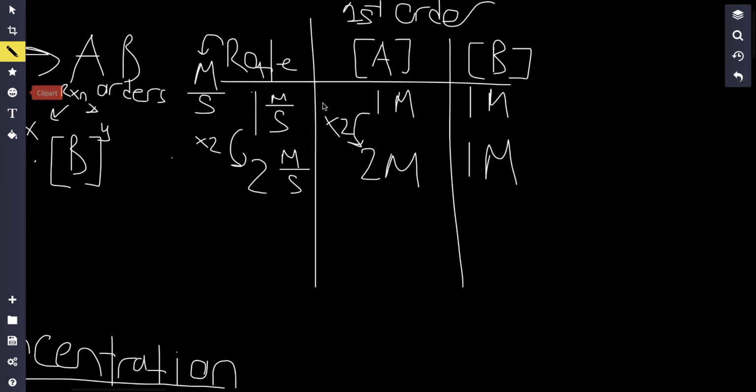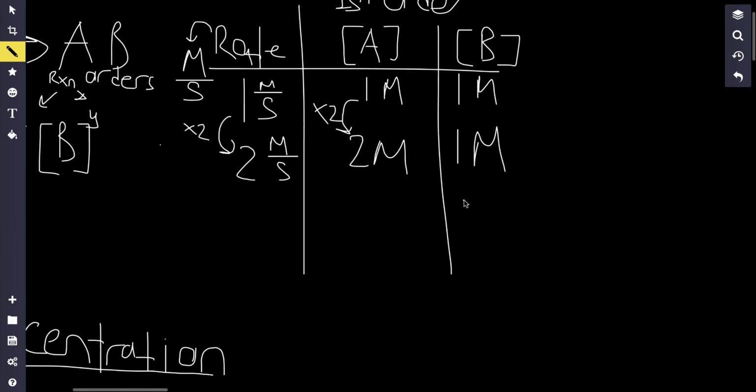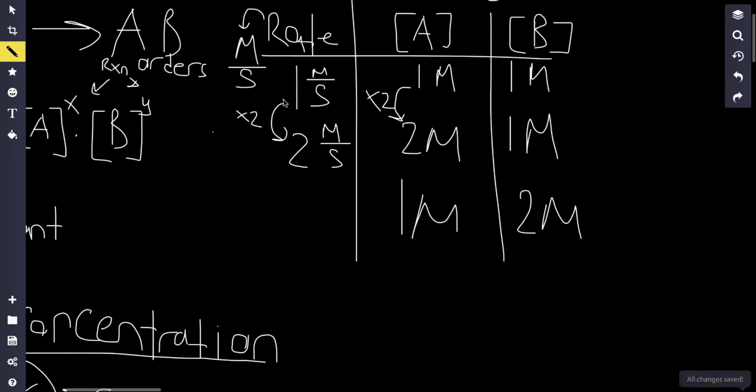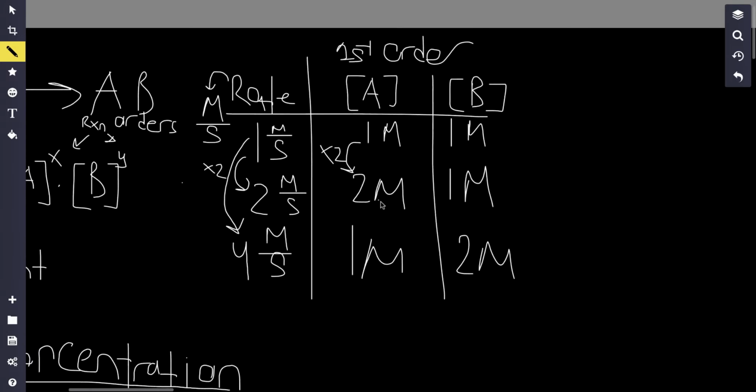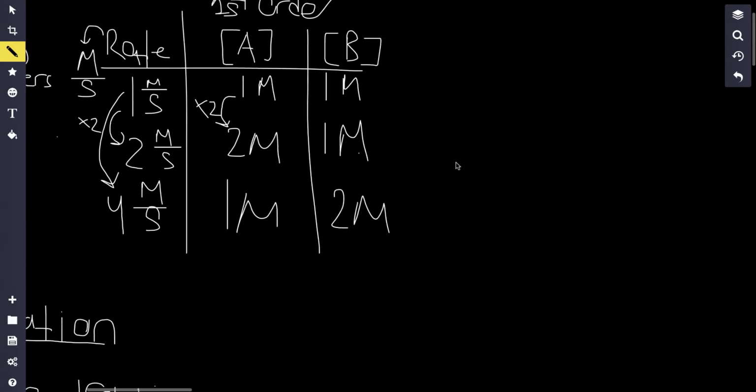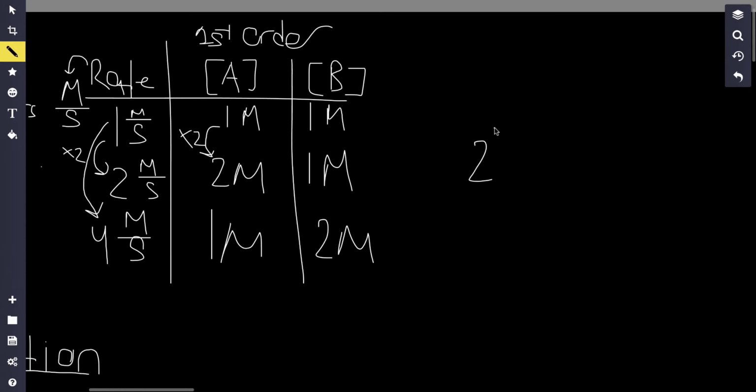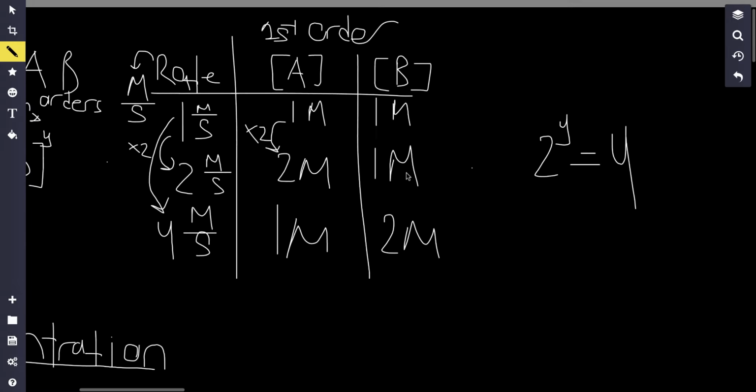Now, let's say we're looking at B. Let's say we double B's concentration and we hold A's concentration constant as the 1 in the beginning. Now, let's say that when we do this, our rate jumps up to 4 molar per second. So what does this mean? Well, notice how when we doubled our concentration, our rate quadrupled.